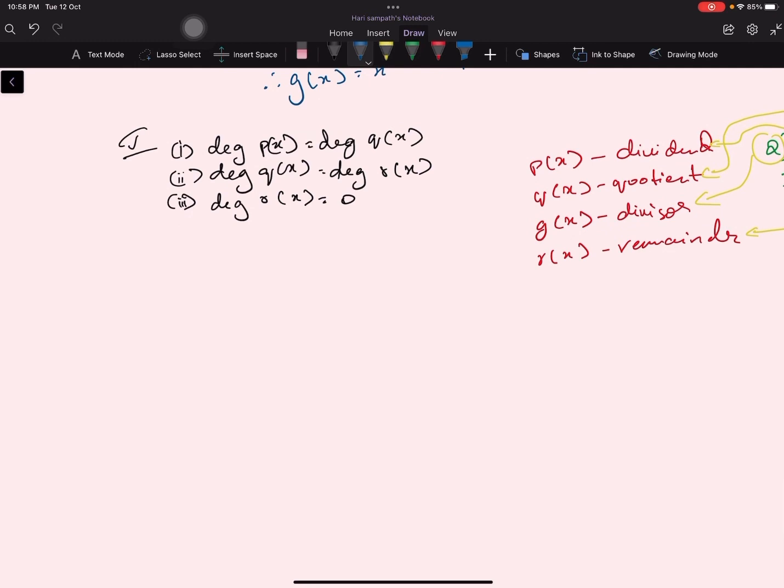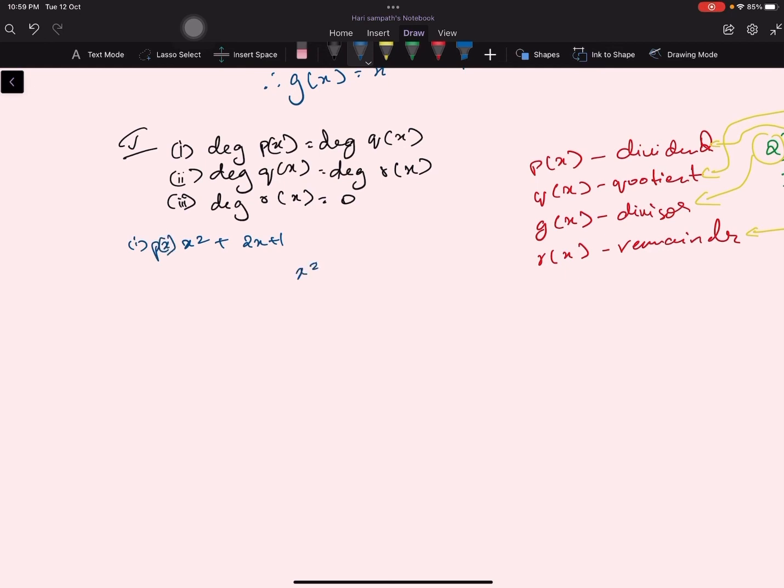For the first one, the easiest one to take will be the square, like x minus 1 square or x plus 1 square, x plus 2 square, etc. Then p of x will have the same degree as q of x. So for example, I'll take x square plus 2x plus 1 as p of x.